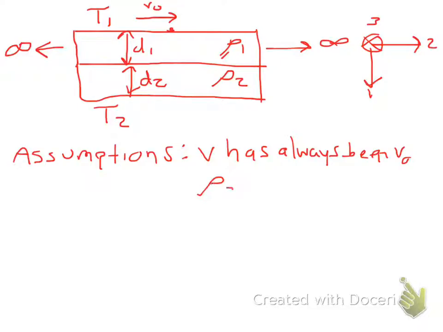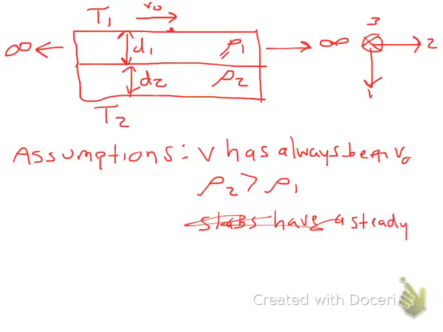The density of 2 is greater than the density of 1, so there's no convection, and that's steady too, since rho 2 is on the bottom, so we don't get into convection and all sorts of crazy thermal densities. The slabs have also always been there in the same place. Okay, we got it. You can just say steady state.